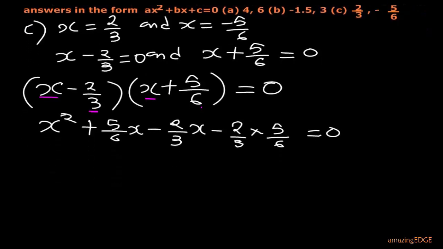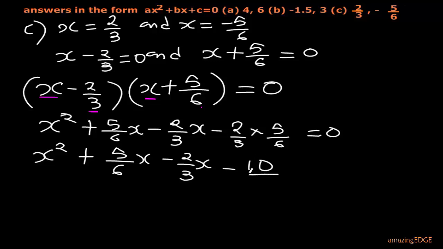So we simplify. Here you have x squared plus 5 over 6x minus 2 over 3x. Then minus 2 over 3 times 5 over 6. Here 2 times 5 is 10, and 3 times 6 is 18, so equals 0.